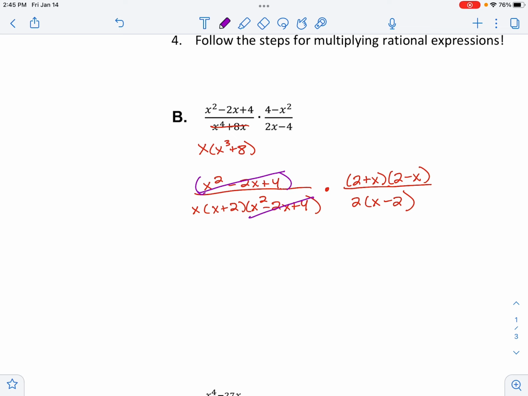Now I'm going to write this as x plus 2, and I'm going to write this as negative x plus 2. What I want you to notice is that x plus 2 can be canceled out with this 2 plus x. I also want you to notice we have a negative x plus 2 on the top, and an x minus 2 on the bottom.